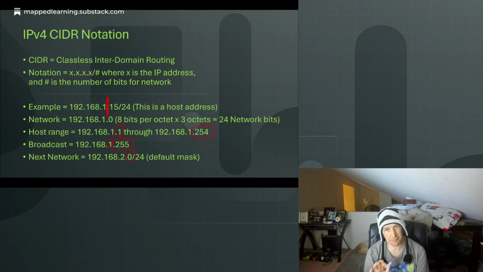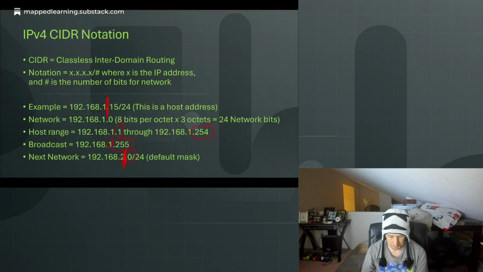Now, we still have that same imaginary line right here in between the 192.168.2.0. So any address that has this 2 in there is on a different network than the 1 network above it.